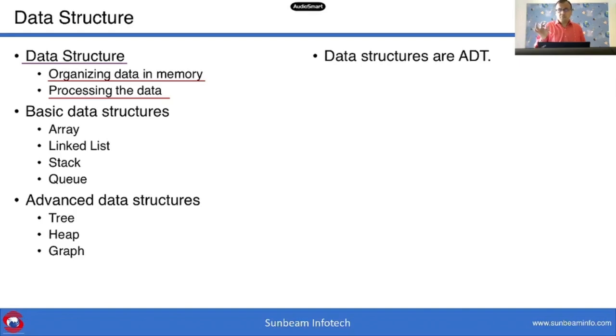Usually when you say that I'm learning the data structure and algorithm module, you are trying to focus on how a particular data can be arranged in memory, number one, and number two, how the execution can be done on it. Again, in both lines, I should be using a word called efficiently. So I'm talking about efficient storage as well as efficient processing of the data.